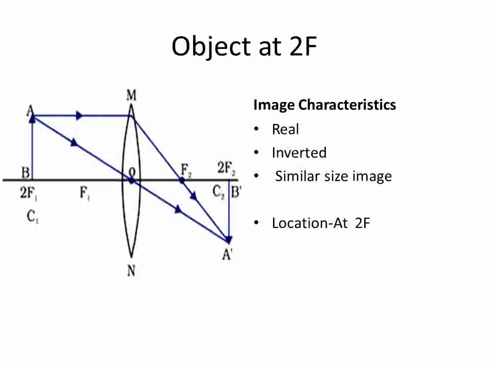Next case, object at 2f. When the object is placed at 2f, shown here as object AB, let us start with the first rule. A parallel ray coming from point A passes through focus f2, and another ray passing through the optical center passes without deviation, without bending.